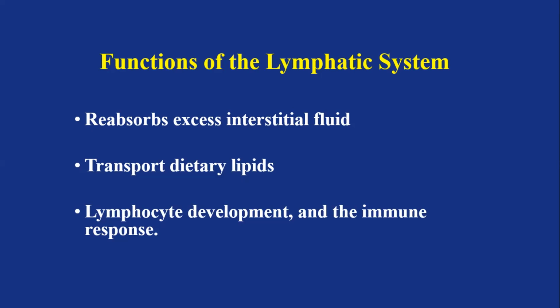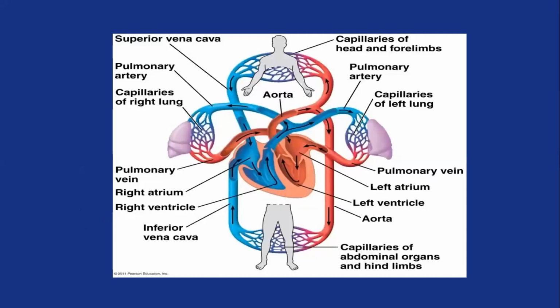Whenever infections try to enter our body, the lymphoid tissue, like lymph nodes, will react to that particular bacteria or virus. This is one of the important functions. So these are the three major functions of the lymphatic system.